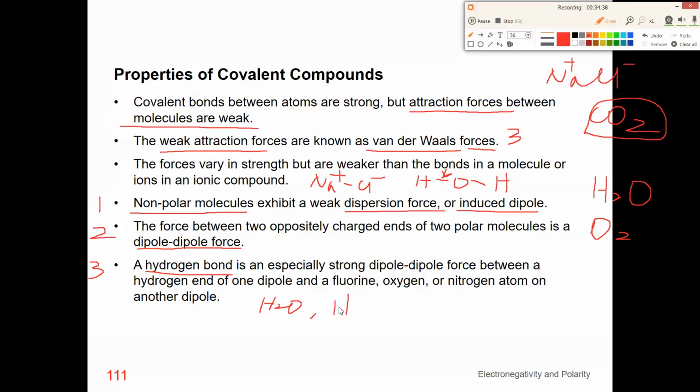So among all these three, hydrogen bond is strongest, and for nonpolar molecules, the dispersion force is the weakest. So the dipole force is in the middle. Hydrogen bond strongest, nonpolar dispersion force weakest, the dipole-dipole in between.